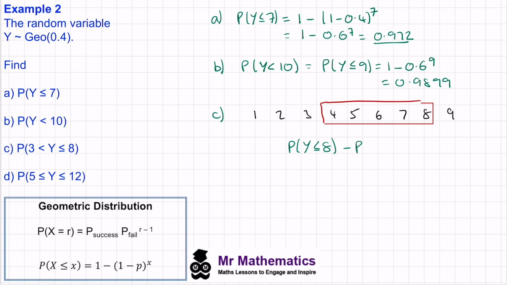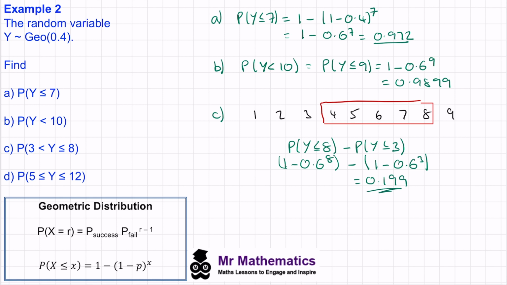So probability of y being less than or equal to 3. We can work out being less than or equal to 8 as 1 minus 0.6 to the 8. We'll put this in brackets, minus the probability of y being less than or equal to 3. So 1 minus 0.6 to the 3. And when we work this out on our calculators, we get 0.199.